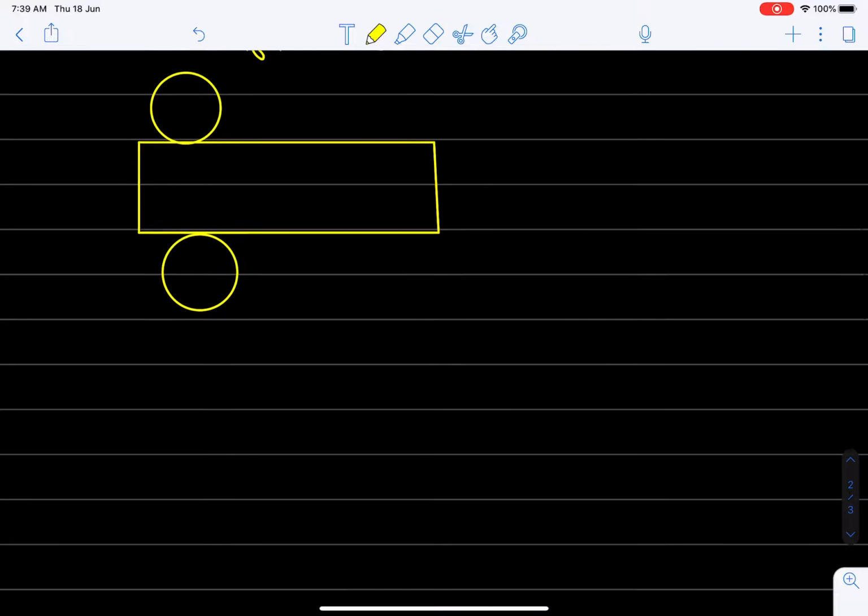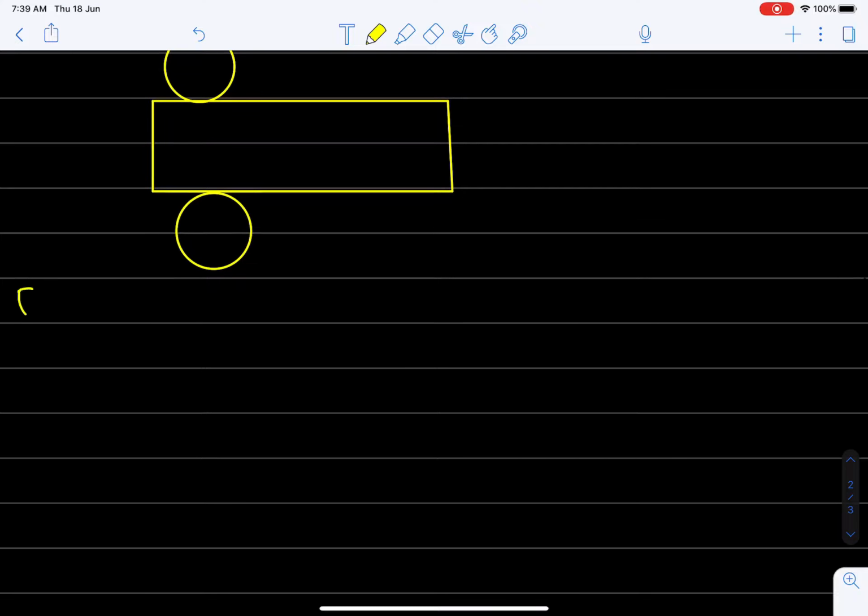Now let's go to a few examples on problems involving volume and surface areas of a cylinder.